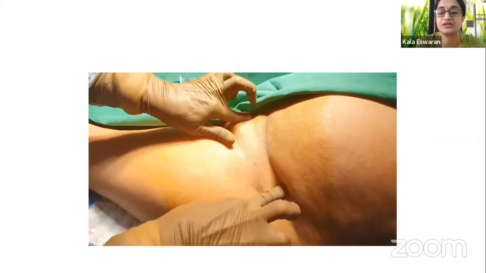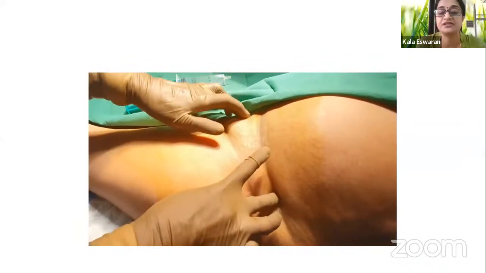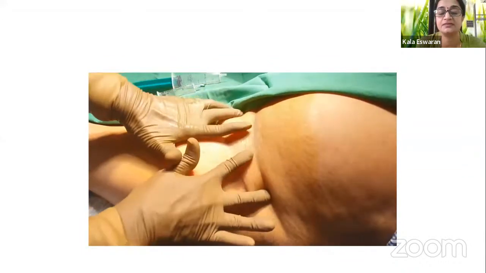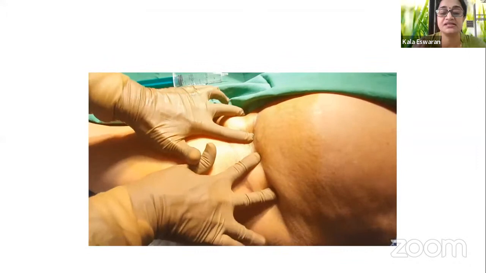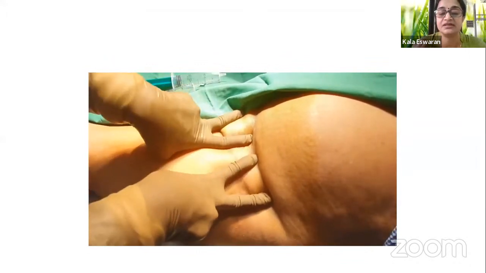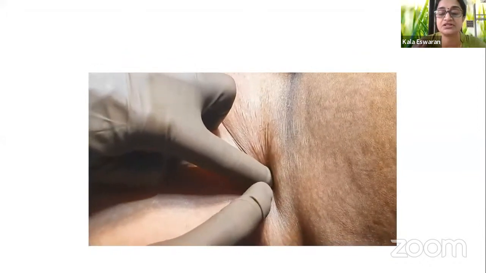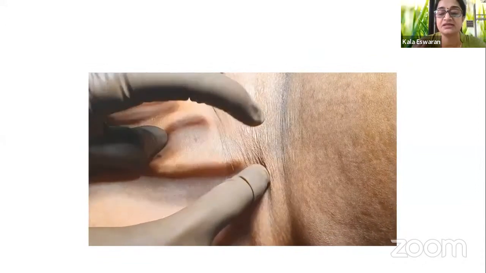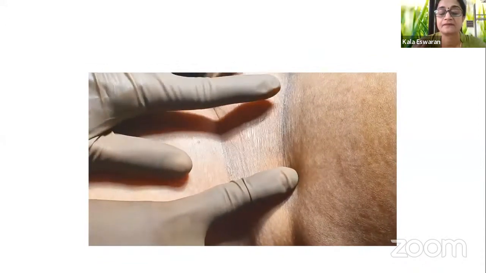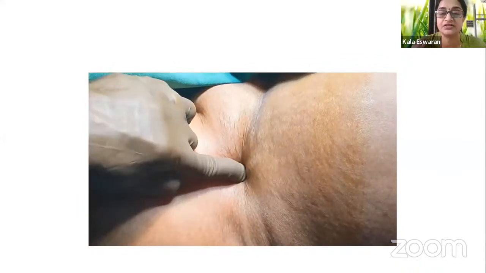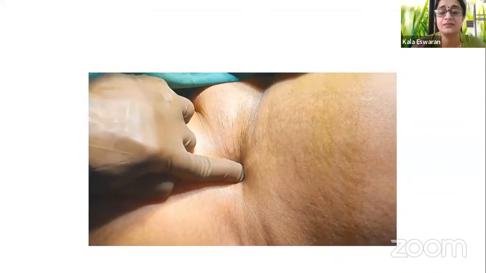So this is the anterior superior iliac spine and the pubic tubercle felt. Now I'm keeping the fingers on the pubic tubercle, that is the inguinal ligament. You can clearly see the inguinal ligament and the inguinal crease very well in this patient. That is the lateral 1/3 and medial 2/3 junction, and just beneath that is your point of needle entry, with the blunted needle.